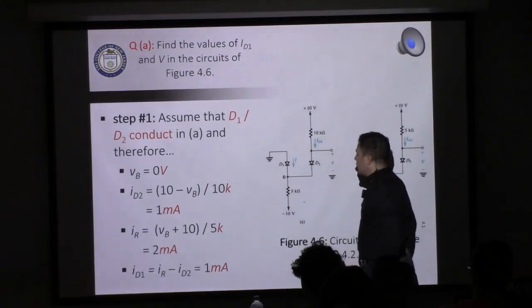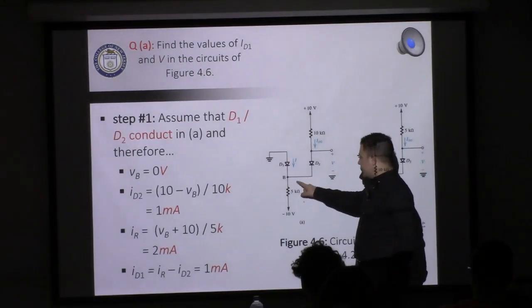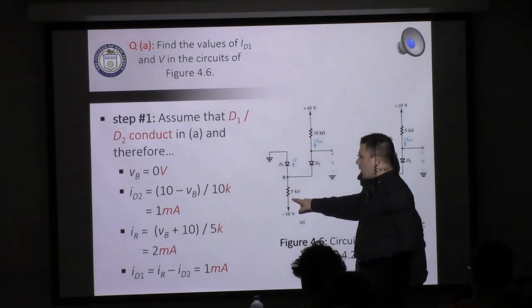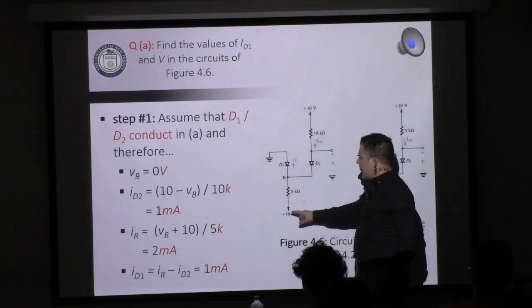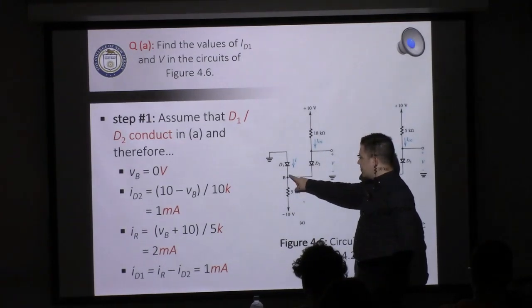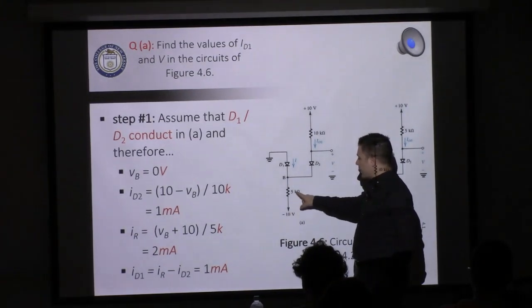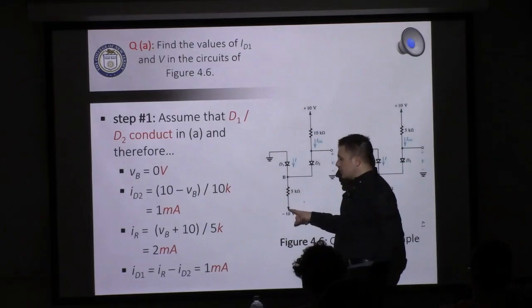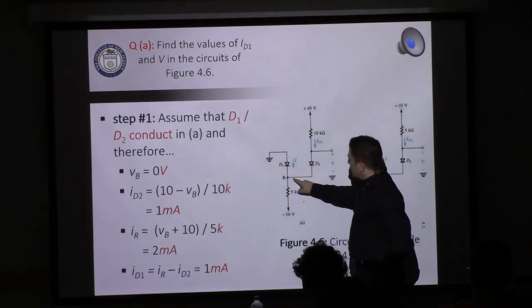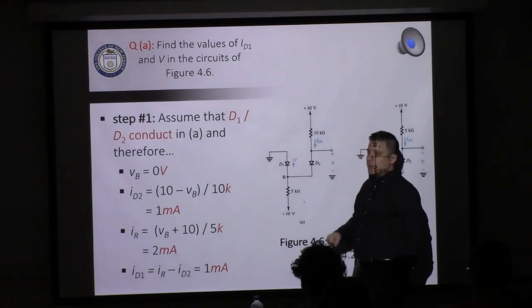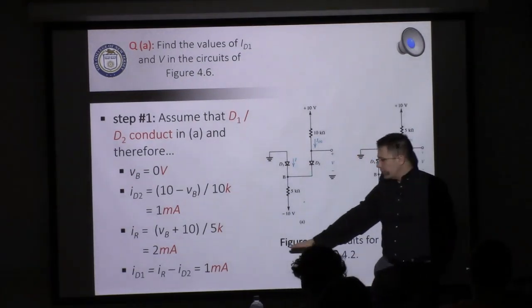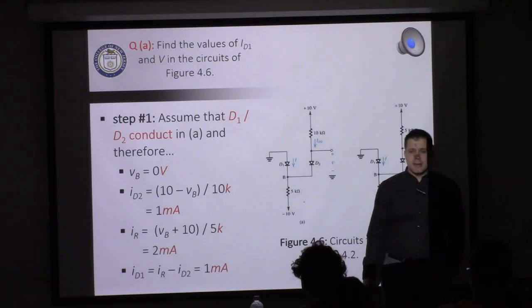Then this current right here, which I'm calling IR, will be equal to VB minus a negative 10 over 5K. So that's 0 minus a negative 10 over 5,000, and that gives us 2 milliamps. So if this is 1 milliamp and this is 2 milliamps, then we have a leftover of 1 milliamp flowing downward. And we can solve for that using KCL.